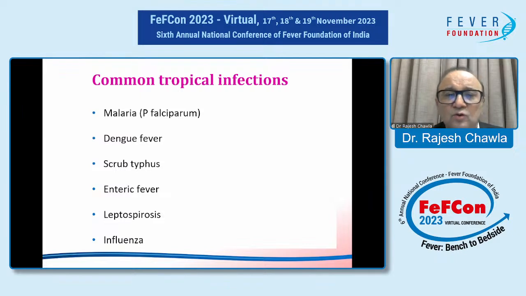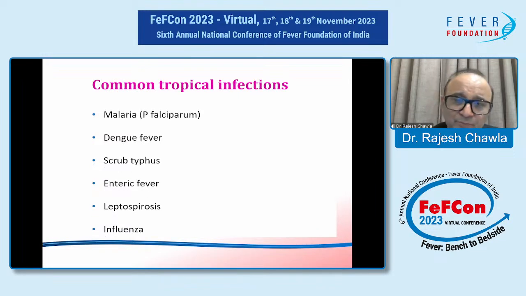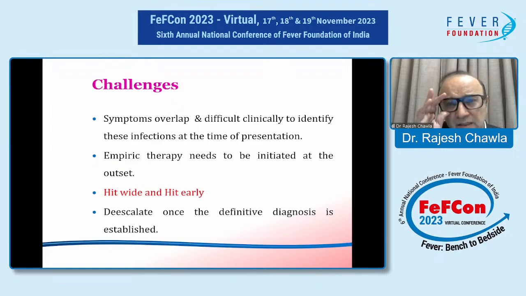These are the common tropical infections we are still struggling with in our country: malaria, dengue fever, scrub typhus, which we probably recognize more now though it must always have been there, enteric fever, and leptospirosis. In winters you always see influenza, many times H1N1, and as you know, we recently had the pandemic of COVID-19.